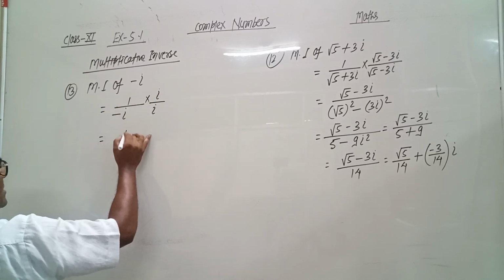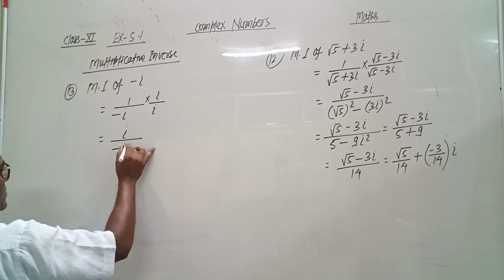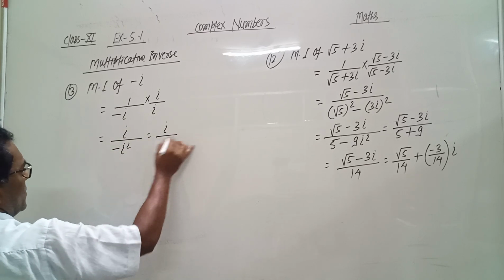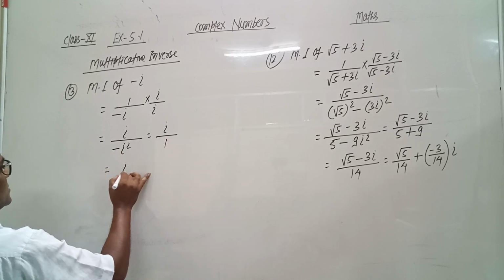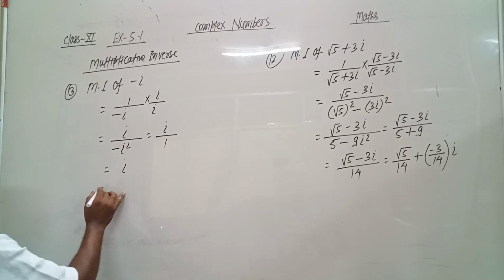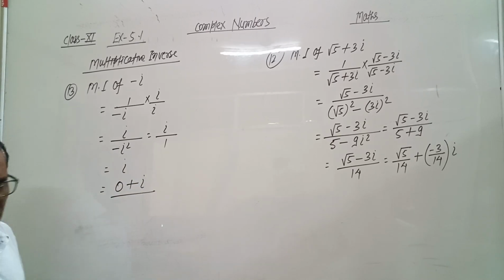So we get iota upon minus iota square. Iota square is minus 1, minus minus plus 1. So the result we get is iota, which is written as 0 plus iota. So this is the way to find the multiplicative inverse.